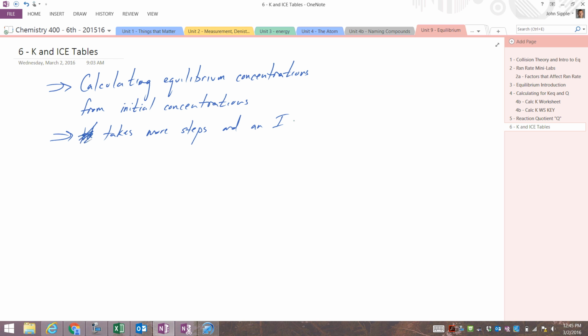And an ice table. Okay, we'll use ice tables to help us keep things in line. All right, and one thing that you will notice is that, just to make these as simple as possible for us at this stage in the game, of the reactants or the products, one will be zero initially.